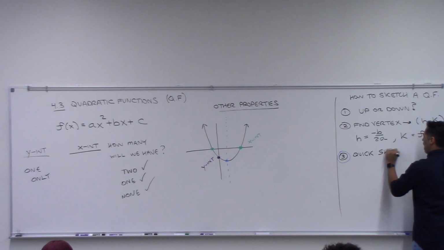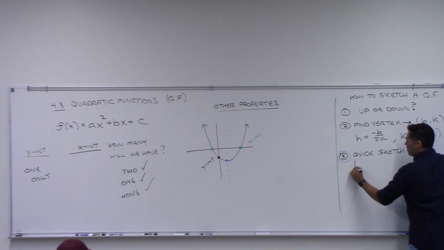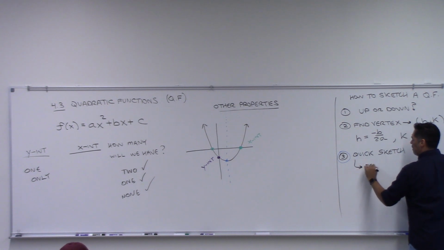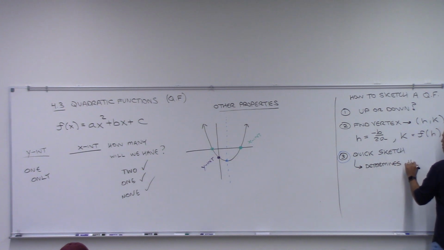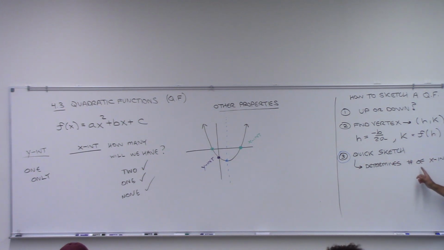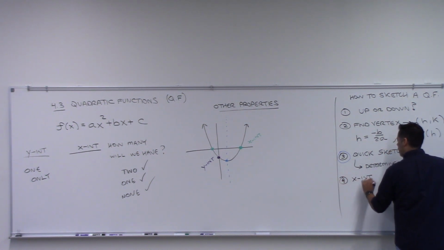And the reason we're going to do the quick sketch is that this determines the number of x-intercepts we have. And you'll see when we do it how we're going to be able to easily tell how many x-intercepts we have by doing a quick sketch. So we figure out, does it open up or down? We find the vertex, then we do a quick sketch. After we do a quick sketch, we're going to find the x-intercepts.